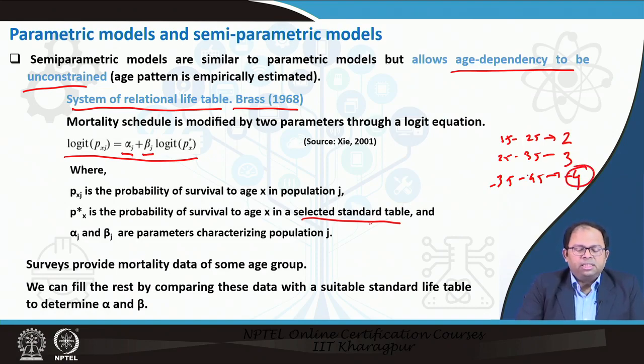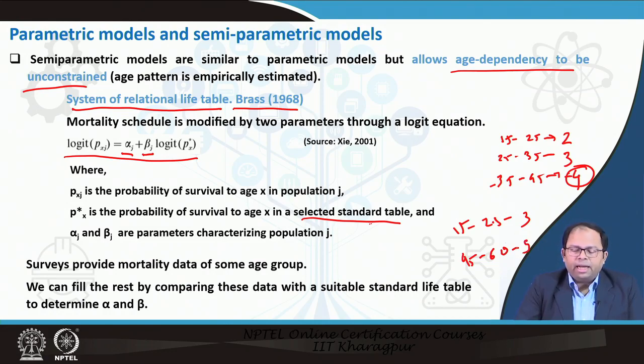Now, what it means is, if we survey a particular population, we cannot survey the entire population, but maybe we have got the mortality values of two age groups, like maybe 15 to 25 we can get from survey values. We find it is around 3, and we can also have around 45 to 60 another value which is maybe around 5.